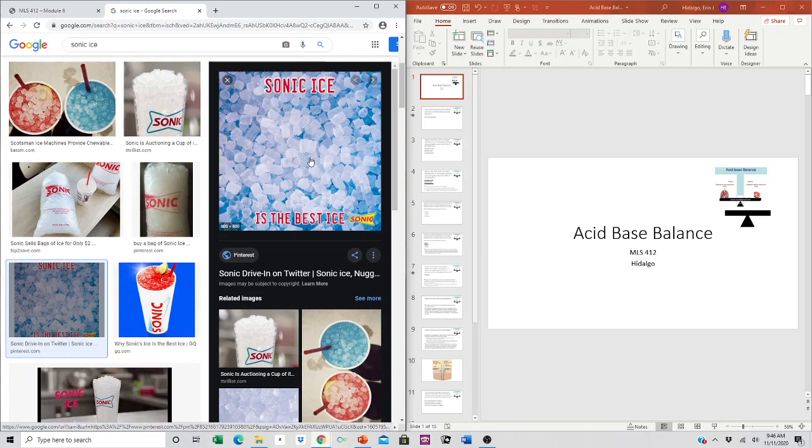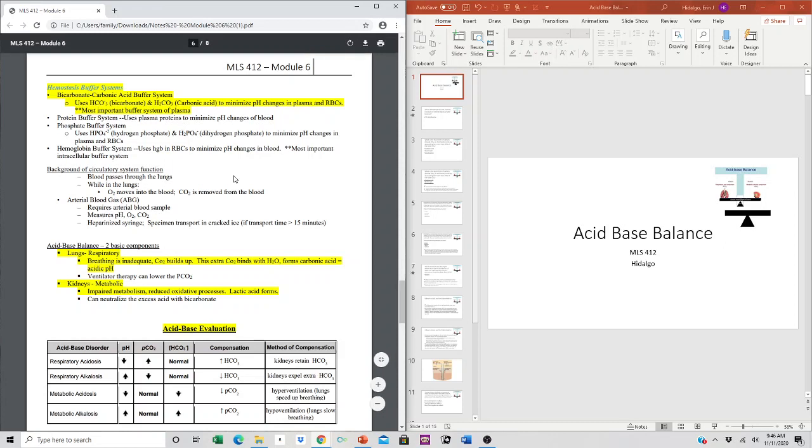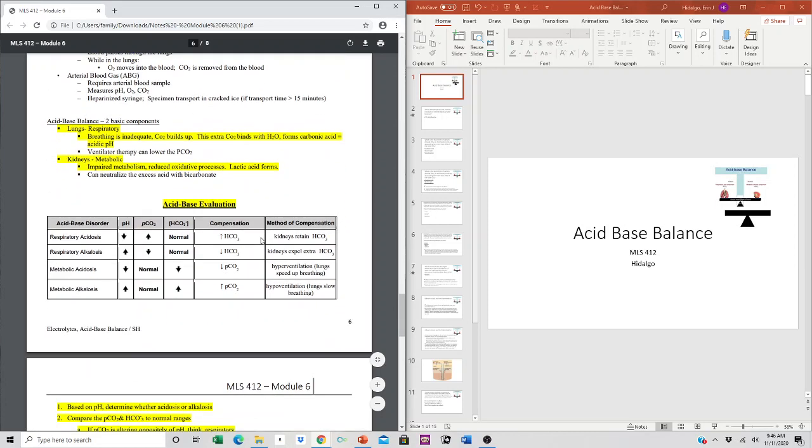Whereas if you put it in cubes of ice, there's more airspace left between the ice and the syringe because the cubes can't close in around the syringe as well. So then the syringe will not be cooled as evenly throughout. So cracked ice is considered to be the acceptable transport for the heparinized syringe for blood gases. So please know that.